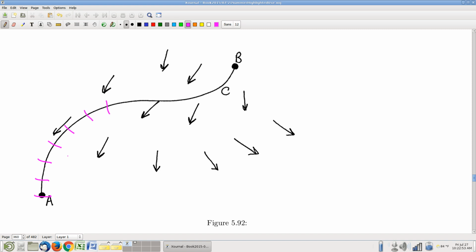If you're talking about how much gas you burn, or how much of your battery you discharge, in driving along a particular road, well, just keep track of how much gas you burned on each one of these little segments. When you add them up, that will tell you the total amount of gas you burned. So, accumulating quantity, I can break this up into little pieces and then make a summation argument of some sort yet to be determined.